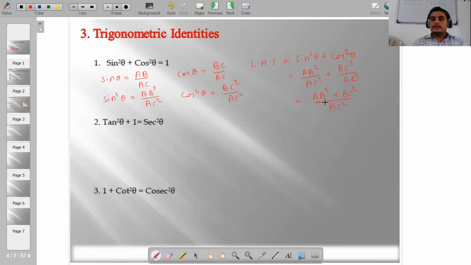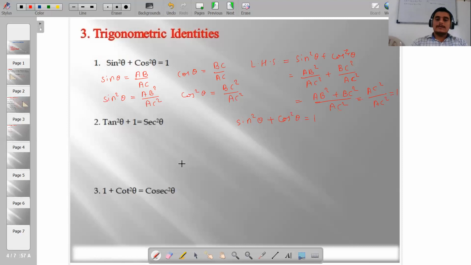But according to the Pythagoras theorem, AB square plus BC square is nothing but AC square. So it will be AC square upon AC square. Finally, this is equal to 1. Hence, we can conclude that for any angle theta, sine square theta plus cos square theta is always equal to 1. This is the first identity.